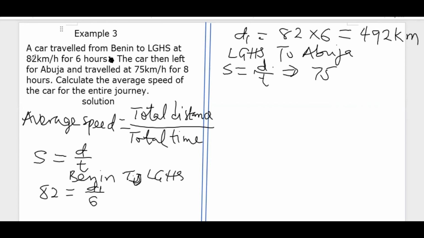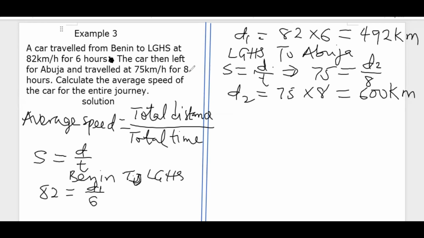So 75 equals the distance of this second segment, let's call it D2, over the time taken, which they say is 8 hours. So when you also cross multiply, you get your D2 to be 75 times 8. And when you work that out, 75 times 8 will give 600 kilometers.